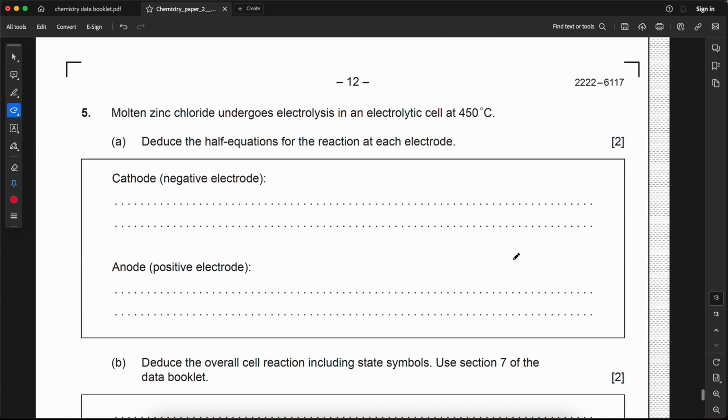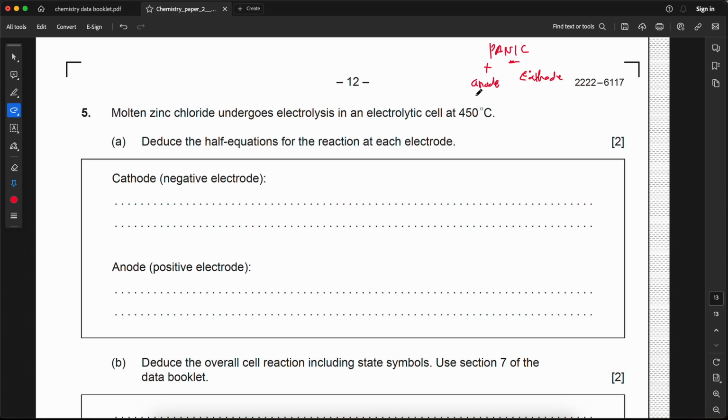Molten zinc chloride undergoes electrolysis in an electrolytic cell. Okay, so for electrolysis, always remember PANIC. Positive is anode, negative is cathode.